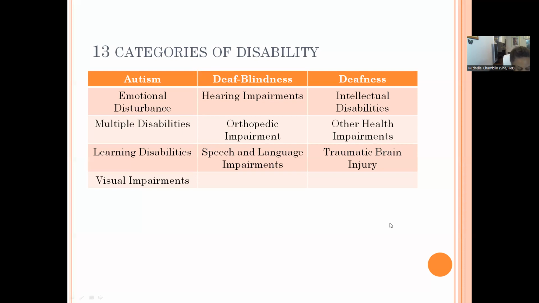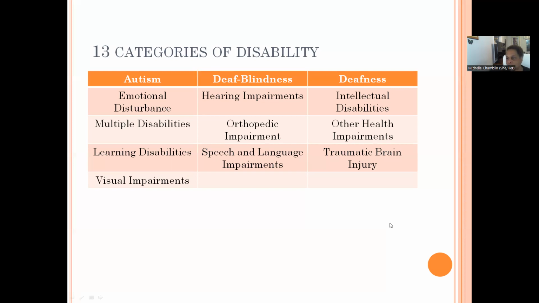Number 3: this category includes any individuals with 2 or more disabling conditions. However, this category often includes intellectual disability as one of the categories and is usually used when disorders are serious and interrelated to such an extent that it is difficult to identify the primary area of disability.